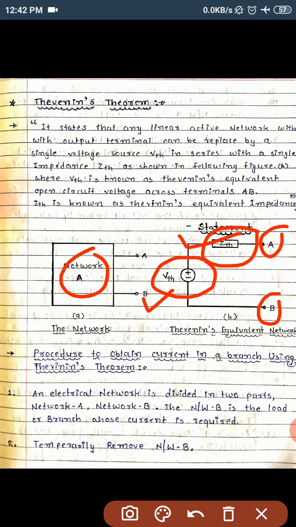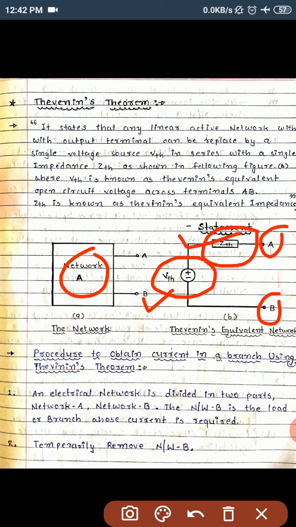So here the Thevenin's equivalent network is given, but the question is how we make this Thevenin's equivalent network. For that we first understand the procedure to obtain current in a branch using Thevenin's theorem.